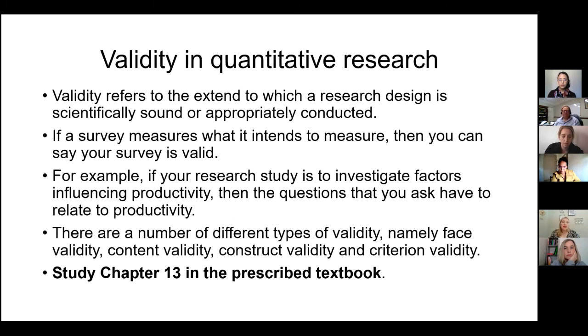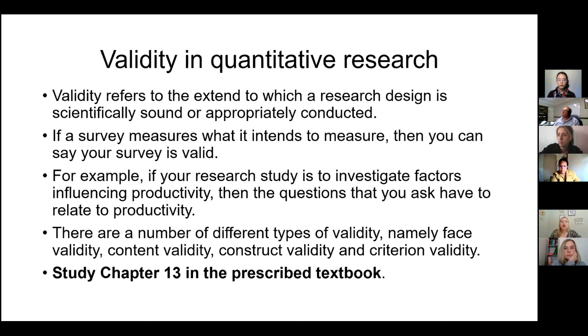Then in a nutshell, validity is the extent to which a research design is scientifically sound or appropriately conducted. With validity, you want to know, is that thing that you have tested or measured what you were intending to measure?